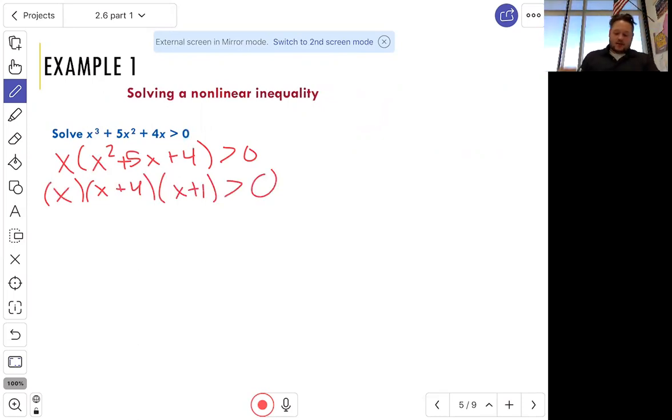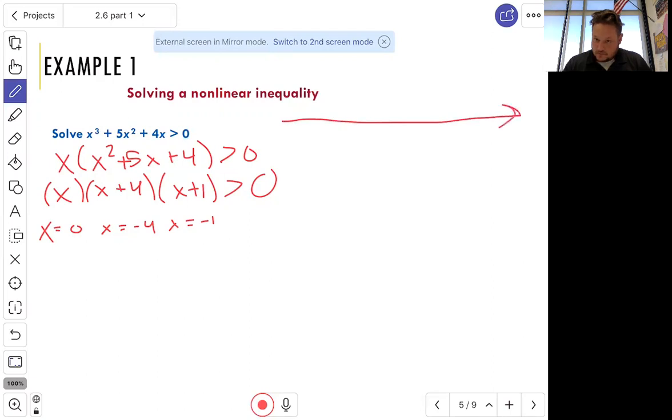Now that I have it factored, I want to set each of those equal to 0. So x equals 0, x equals -4, x equals -1. Those are my zeros. So now I'm going to create my sign chart and put these zeros on it. I have one at 0, one at -4, and one at -1.